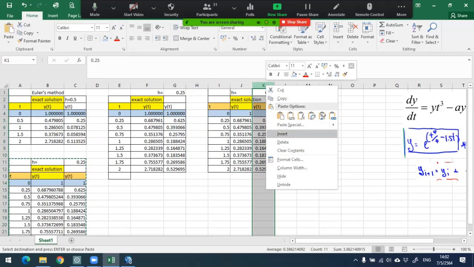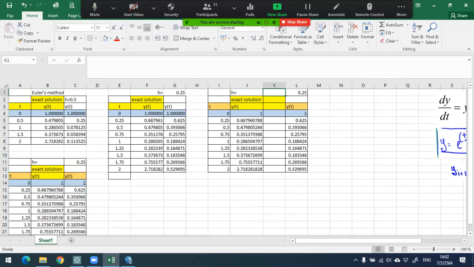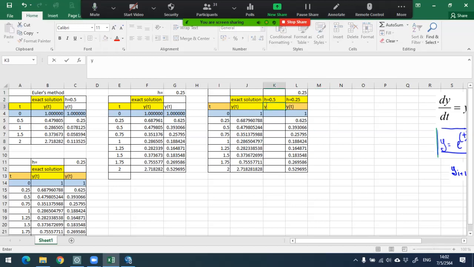And if we would like to compare the solution with step size of h equal to 0.5 and h equal to 0.25, the solution is what? We should not have the solution we had for the case that h equal to 0.5. We should have this value instead.